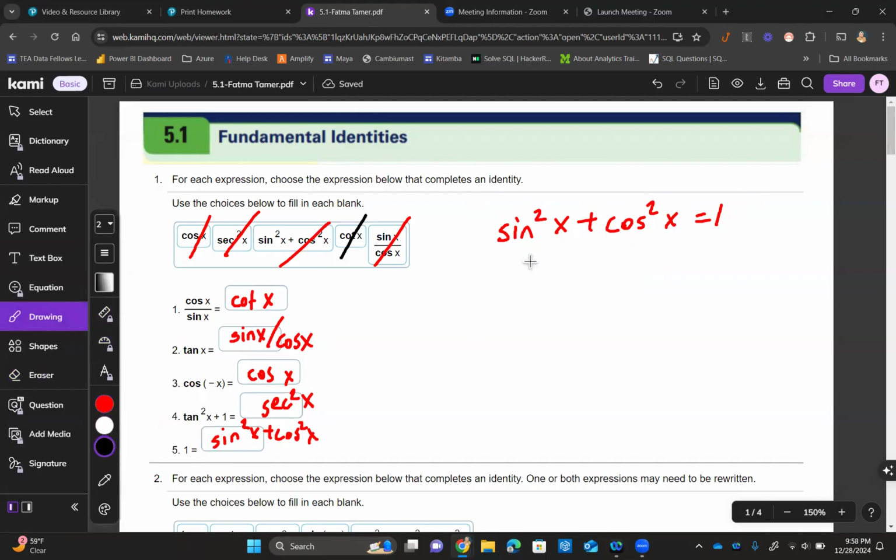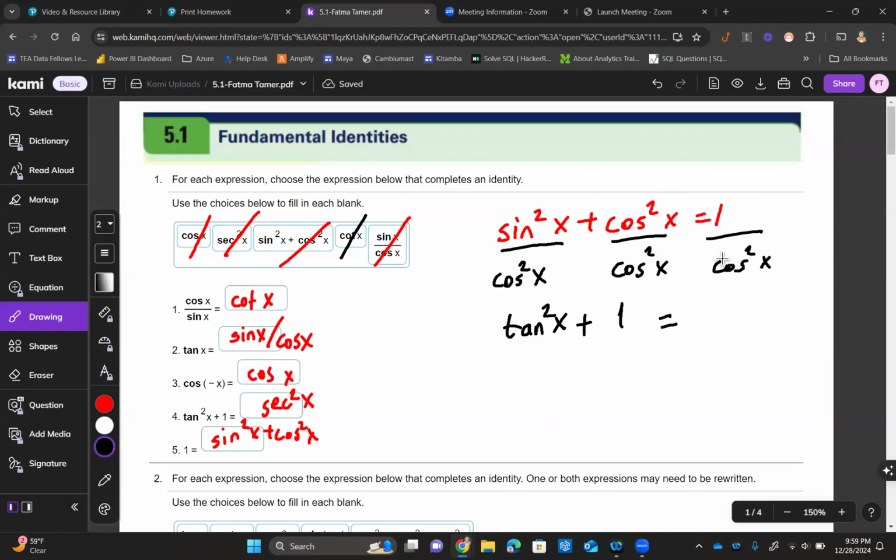Here's what we're going to do. If we divide everything by cosine squared x in this main identity, sine over cosine is tangent, so sine squared over cosine squared x will be simplified as tangent squared of x plus. When you divide the cosine squared by cosine squared, you only get 1.